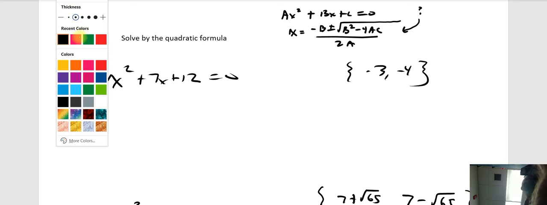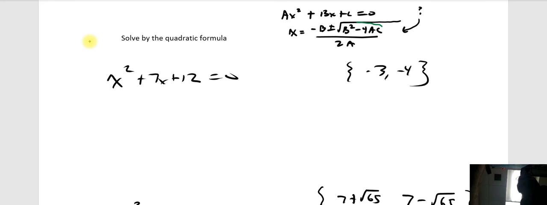Now, the one thing I will mention, in your homework, it talks about what's called the discriminant. This part right here, b squared minus 4ac, is the discriminant. You'll notice it's under that radical, so while I'm here, I'll talk about it now.